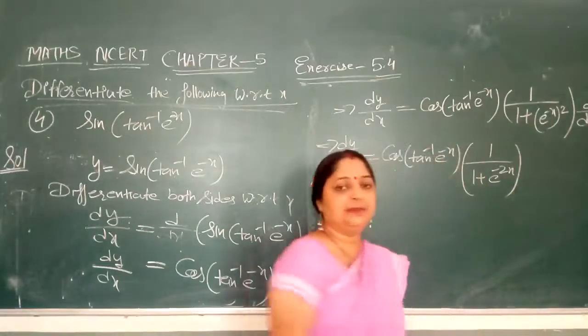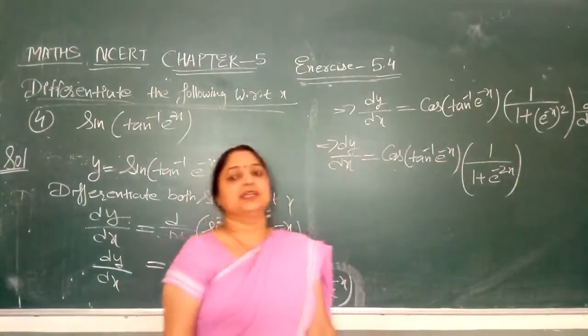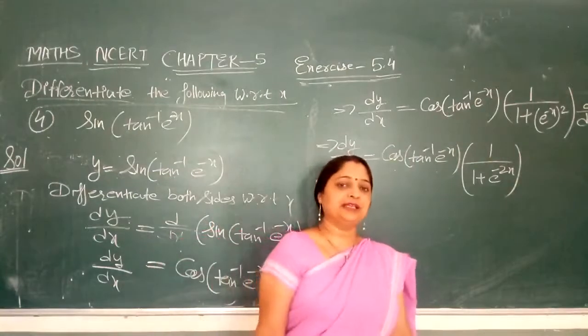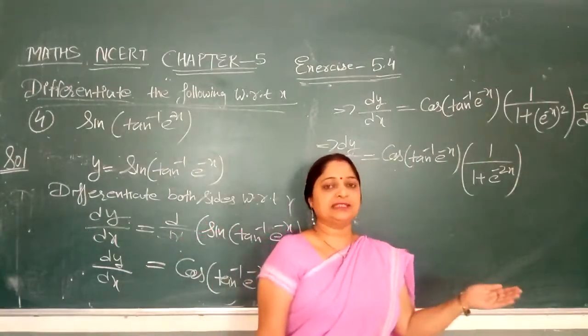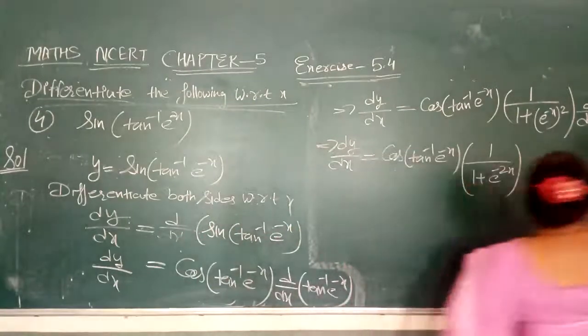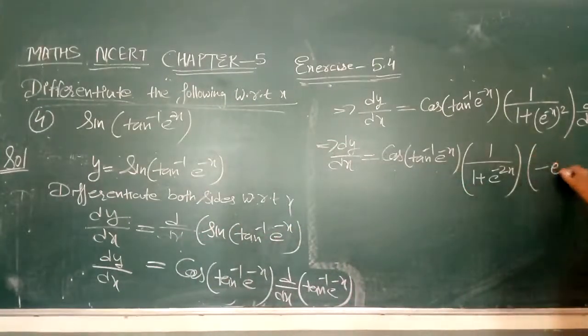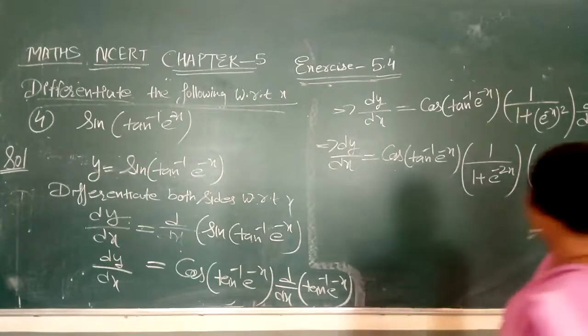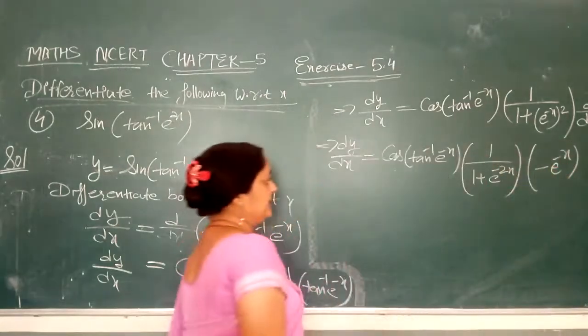Again the derivative of e raised to power minus x is e raised to power minus x as it is, again times the derivative of theta. Theta is minus x here, so the derivative of minus x is minus 1. So it is coming minus e raised to power minus x.